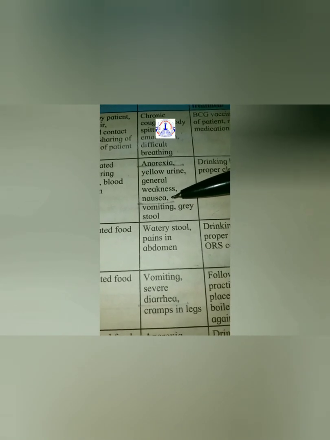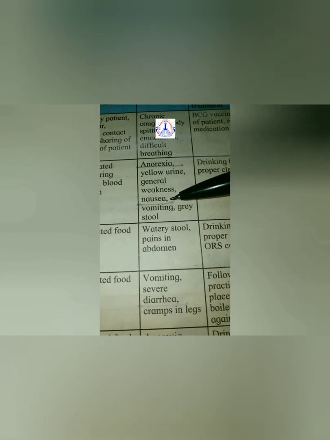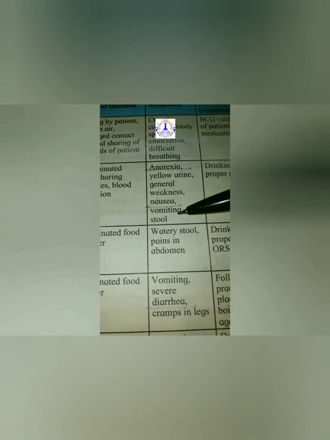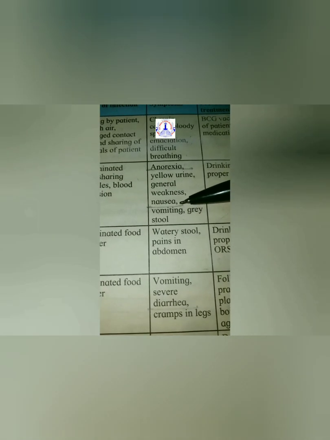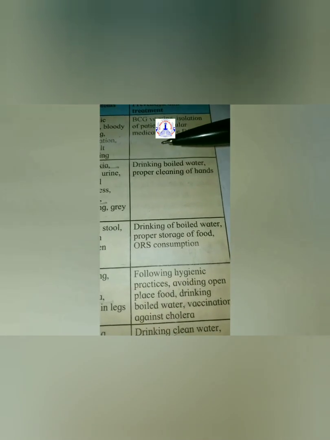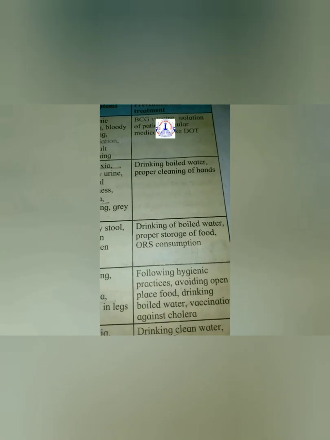Nausea is a feeling of inclination to vomit. Vomiting: the person will actually vomit. Stool color will be grey. Here the prevention is drinking boiled water and proper cleaning of hands. Hands should be cleaned.